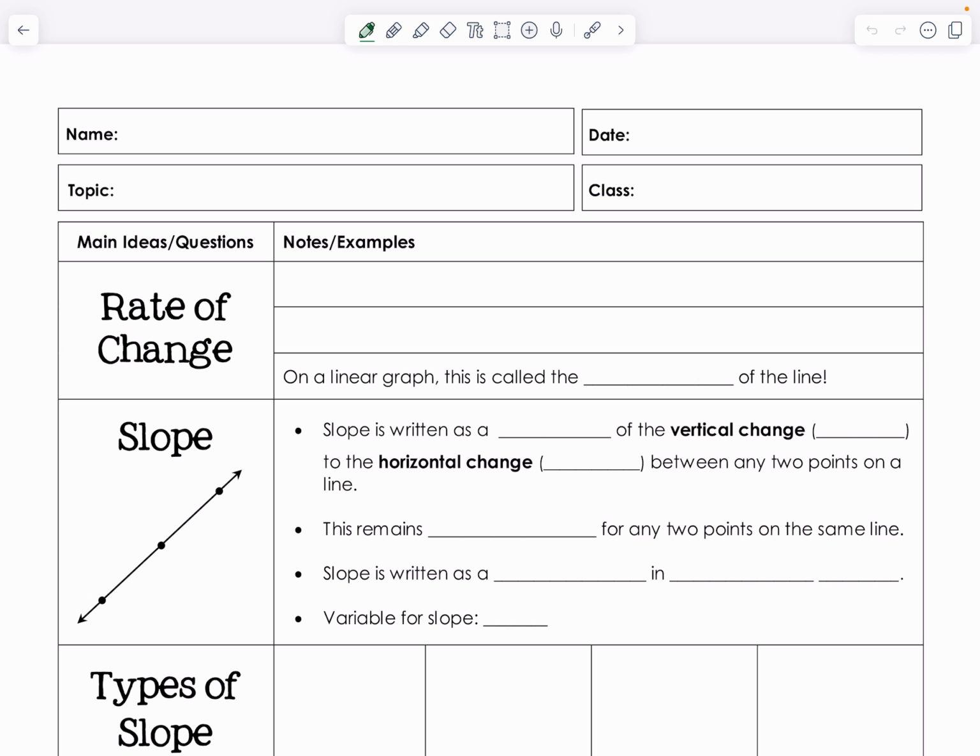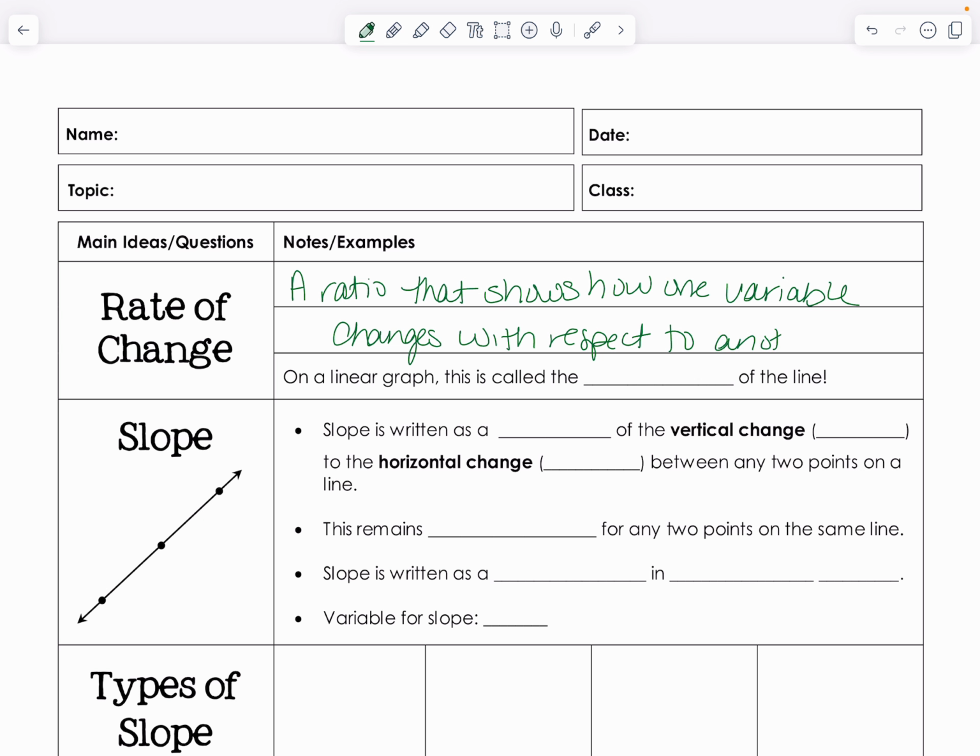Slope, the rate of change, is a ratio that shows how one variable changes with respect to another. On a linear graph, this is called the slope of the line.